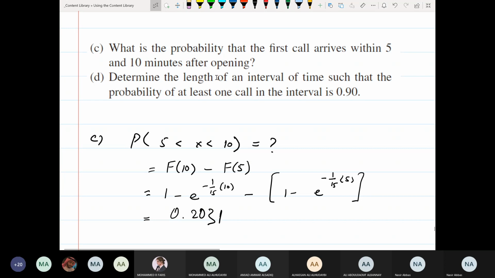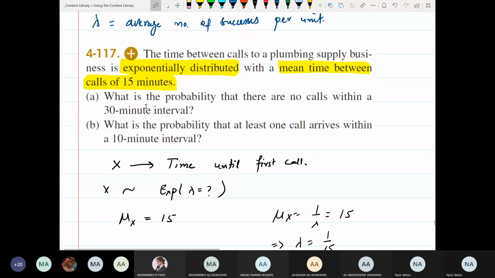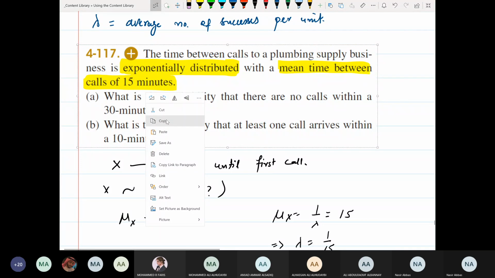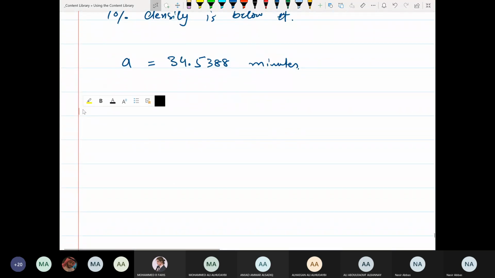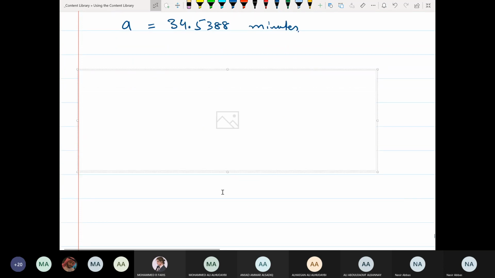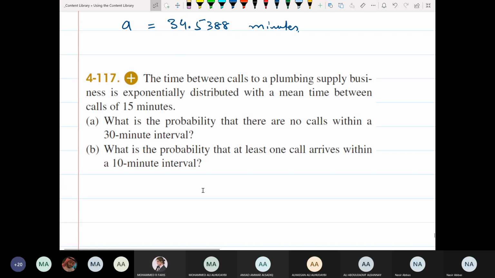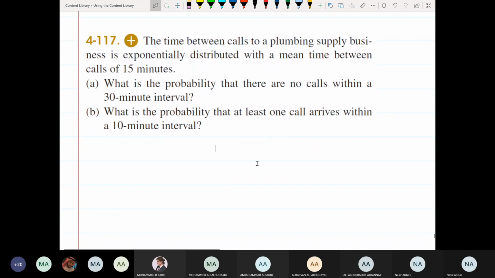Now I'll take you back to part A and B. And I'll show you these are not the questions from exponential distribution. Look at the questions. You have solved these questions before. What is the probability that there is no call within 30 minutes?